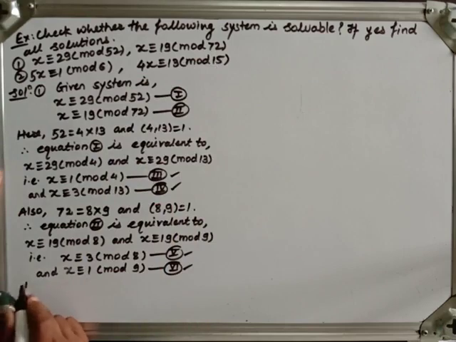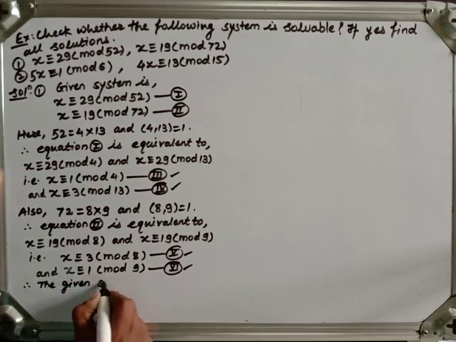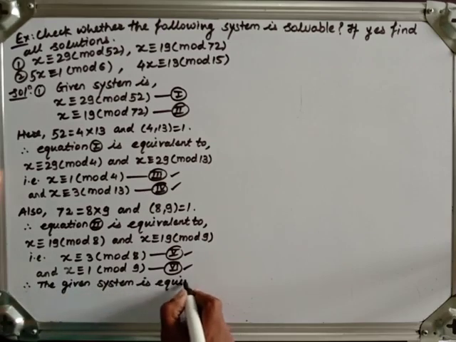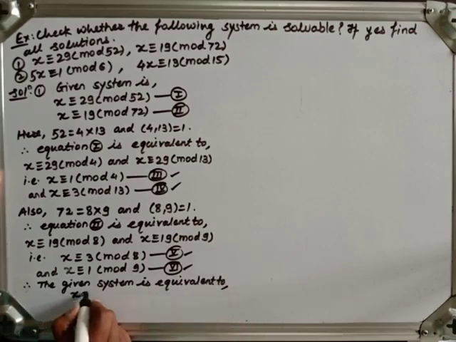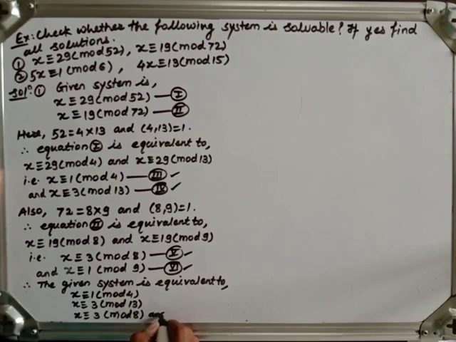Therefore the given system is equivalent to x congruent to 1 modulo 4, x congruent to 3 modulo 13, x congruent to 3 modulo 8, and x congruent to 1 modulo 9.